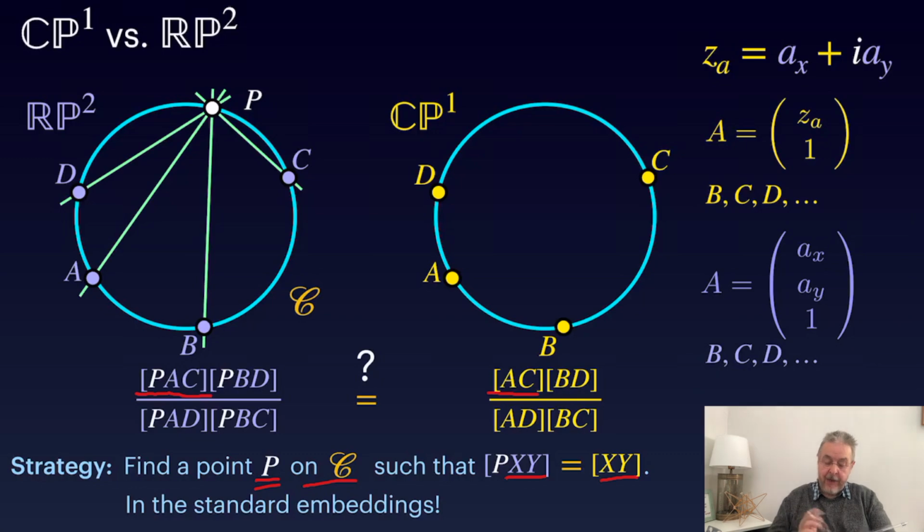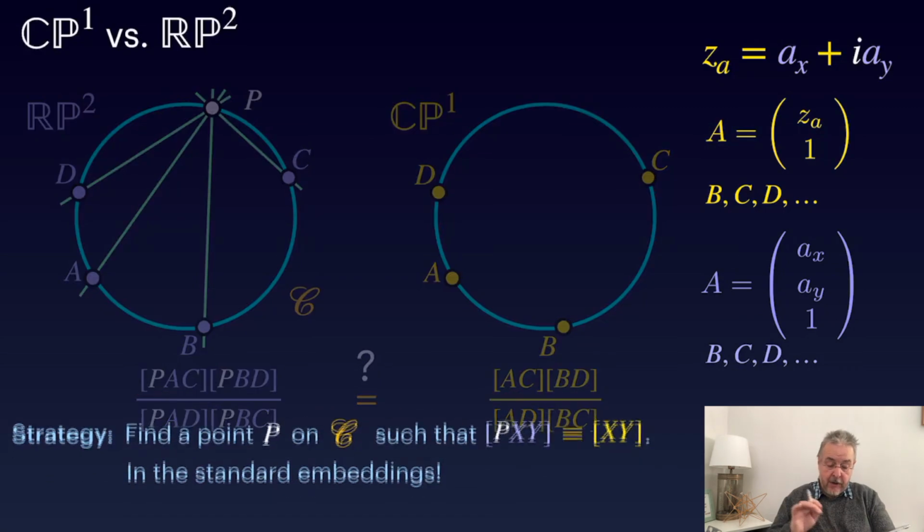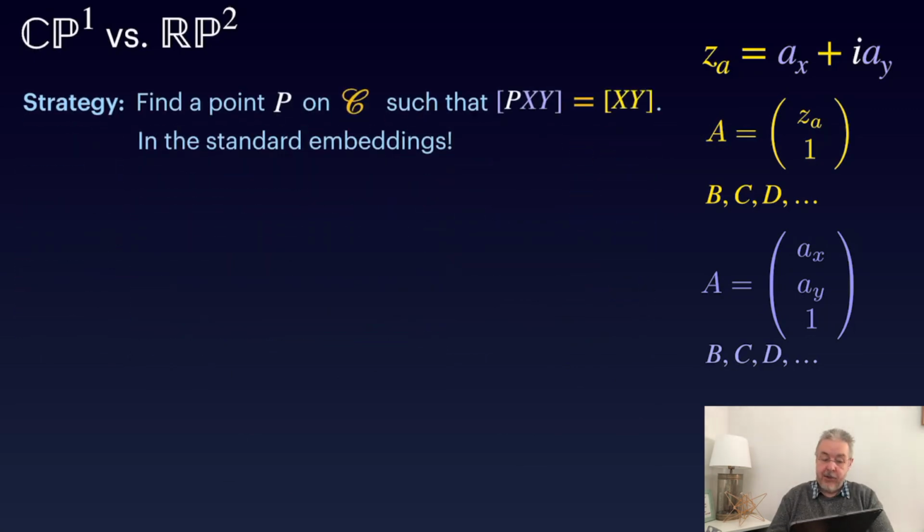And if we prove that for the standard embedding, we are already done because we have seen standard embeddings are a generic assumption here. So let's go and find such a point P. So now comes a little trick. I just give you a point P. So the point P has coordinates 1, i, and 0, and this point does the job.